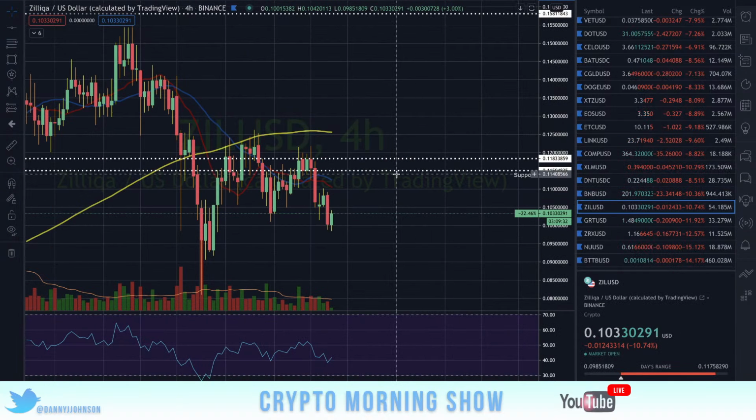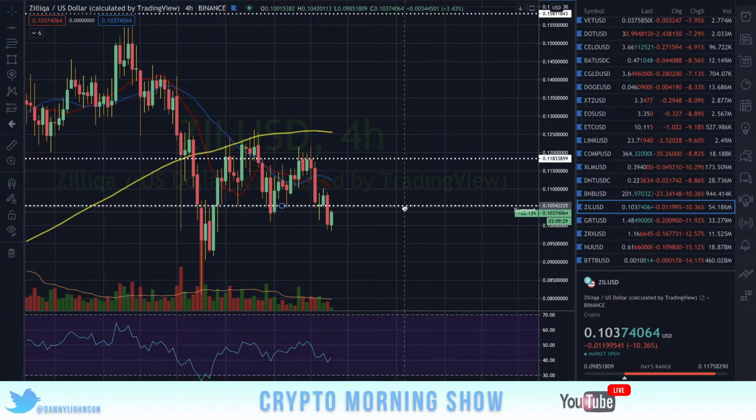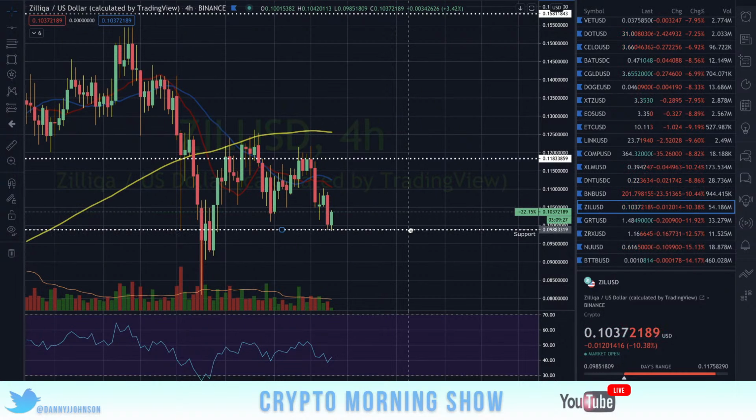ZIL USD. Set some support levels on the previous candle. Almost got, yeah, we have on this wick here before, just barely above this green candle there. So we're looking at support for ZIL down at the 0.0988.